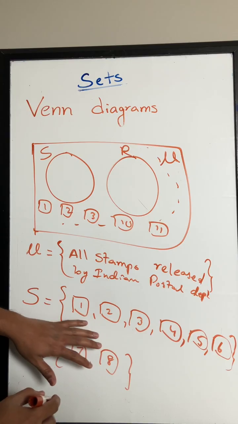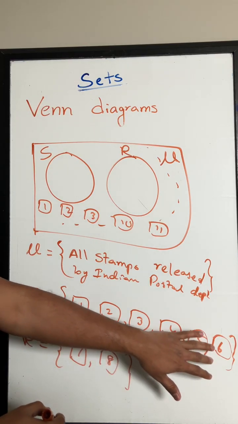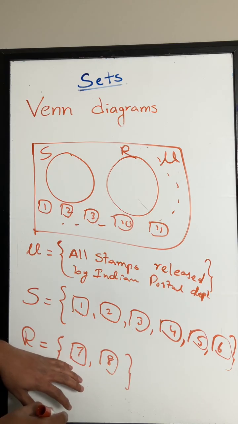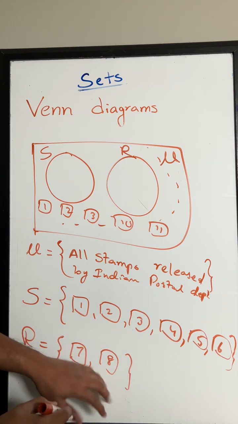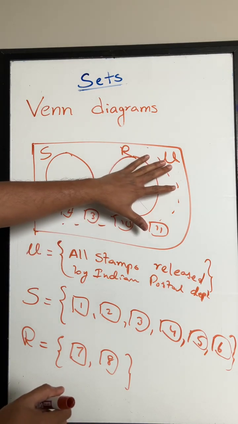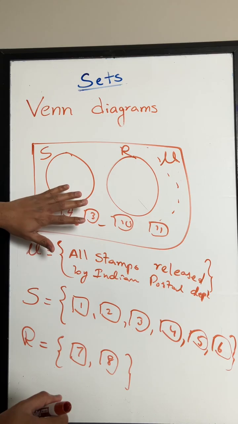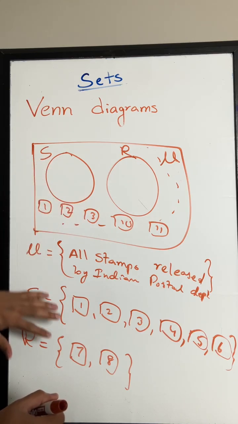So I collected stamp 1, stamp 2, stamp 3, stamp 4, stamp 5, stamp 6. And Ranga collected stamp 7 and stamp 8. Think like that. This mu is the Indian Postal Department, so they have everything. And each circle represents a set.